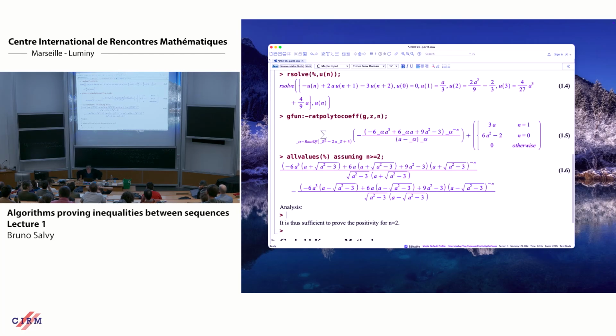Okay, so we have this formula. It's not completely clear yet that this is positive for all n larger than 2. So then you need to do some analysis. What's clear is that this is to the minus n, so you should look at them the other way around. So this is the larger one. You subtract, but you take it to the minus n.